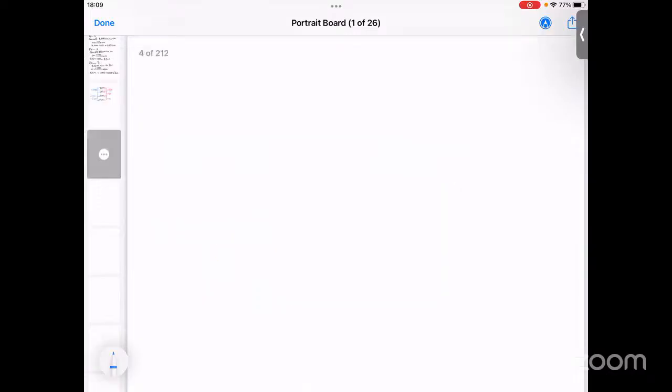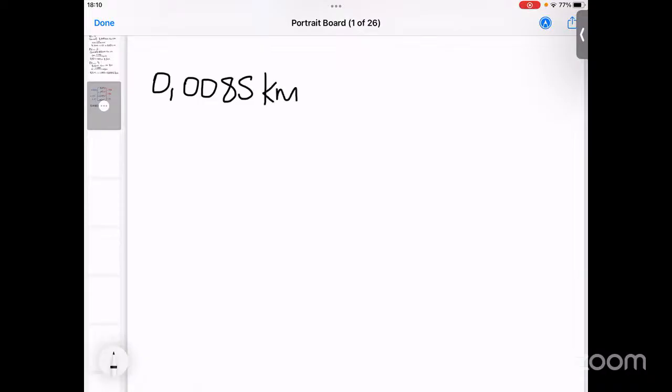So now let's maybe do some calculations based on what we've previously done. Remember, what did we do? We converted things from millimeters and then we ended up at kilometers. So now let's convert this 0.0085, which was in kilometers, and then let's convert it to meters. Yes, let's convert it to meters. What are we going to do?